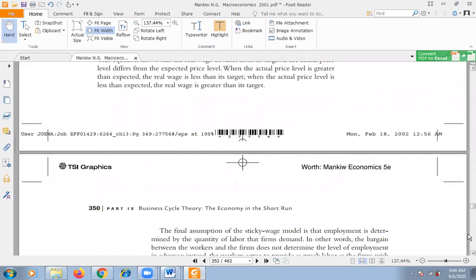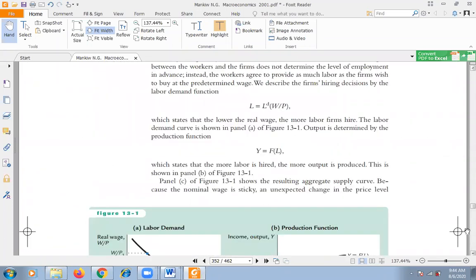Very simple. Now we are going to learn the derivation of the aggregate supply curve. As price level increases, real wage decreases. What happened to the labor demand and what happened to the production? This is the labor demand equation. This is the production function equation.